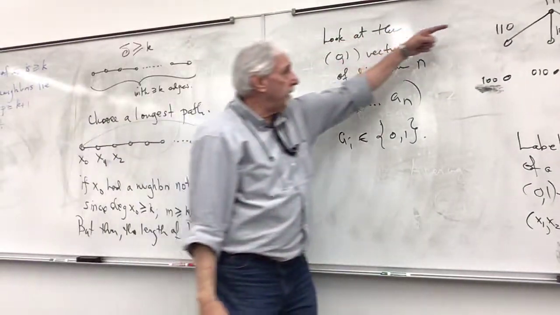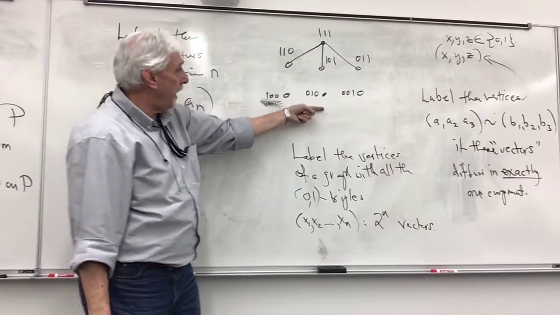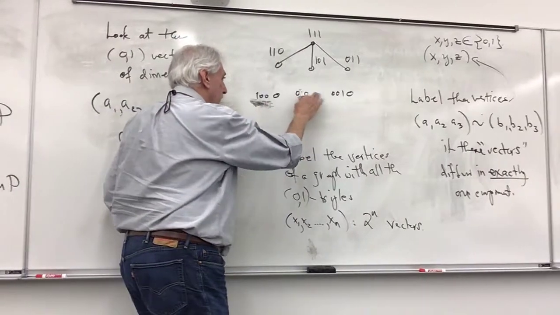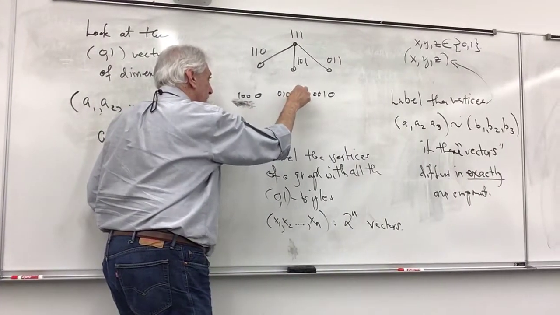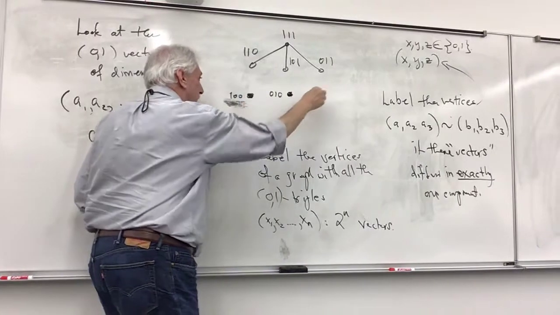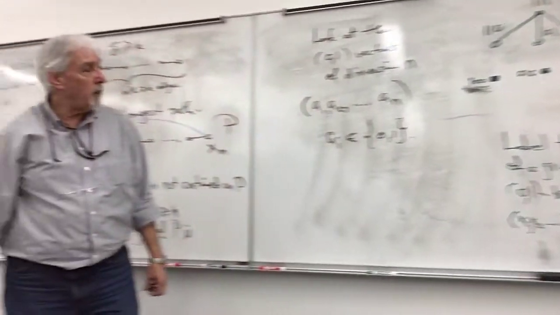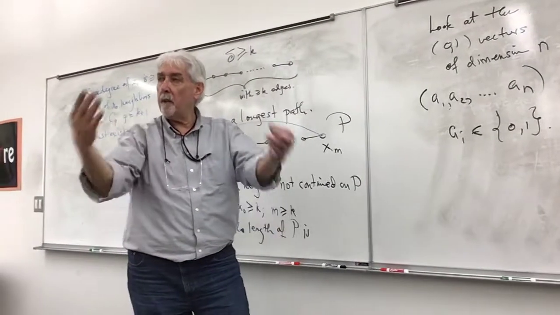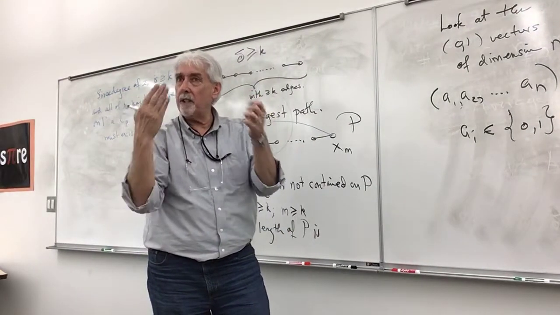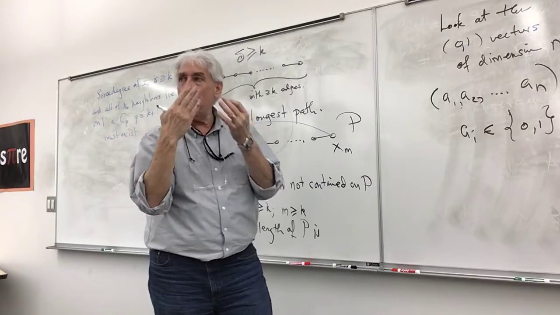Now I have all the edges. Does 1, 1, 1 go to any of these? Remember, two vertices are adjacent if they differ in exactly one component.